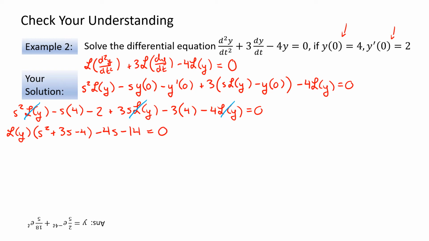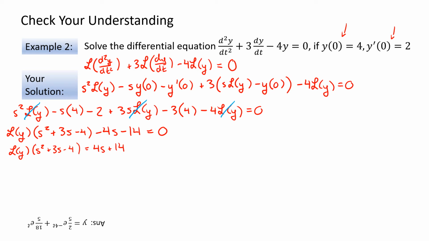So remember, I want to solve for the Laplace transform of the original function on one side. So I'm going to move this second piece to the other side. And then we can divide both sides by this term that's multiplied by the Laplace transform and move on to our next step. So we have the Laplace transform of y times s squared plus 3s minus 4 is equal to 4s plus 14.